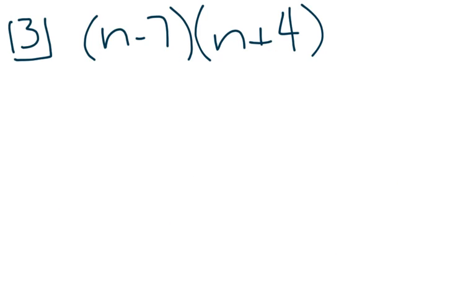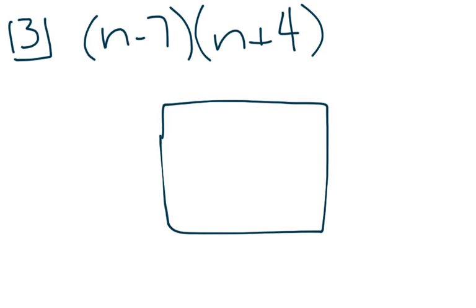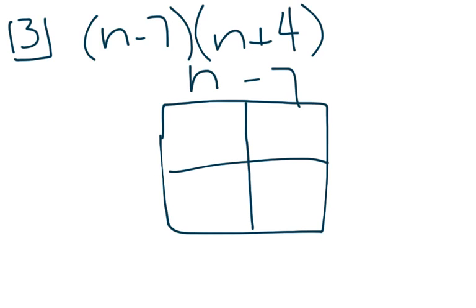Okay, number 13. So once again, we have 2 binomials, and a binomial is any polynomial with 2 terms. So we are going to do n minus 7 and n plus 4. And it really doesn't matter which one you put on the top and on the side, as long as you keep your parentheses together.